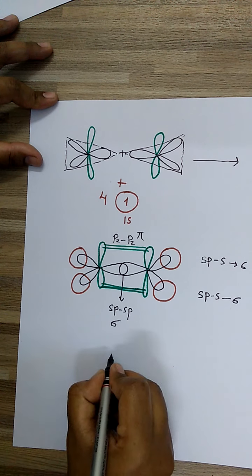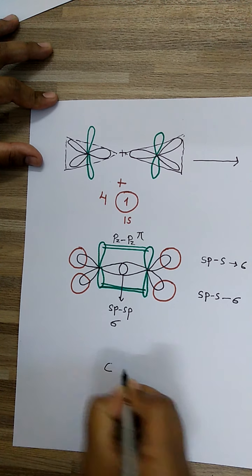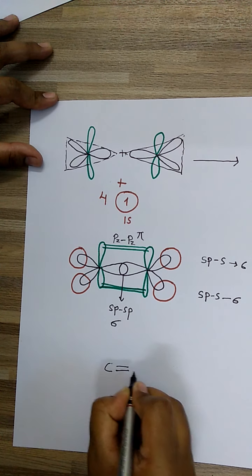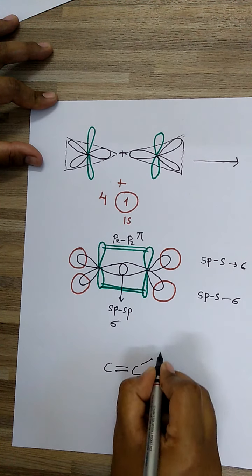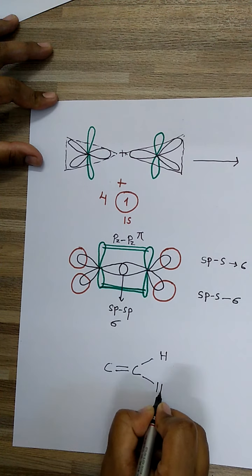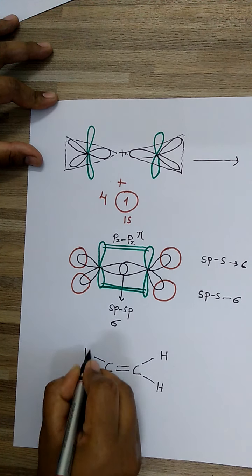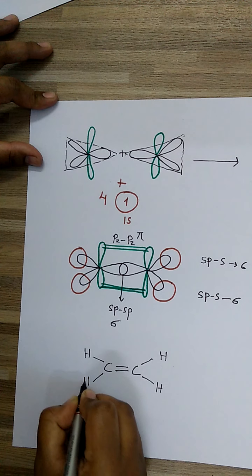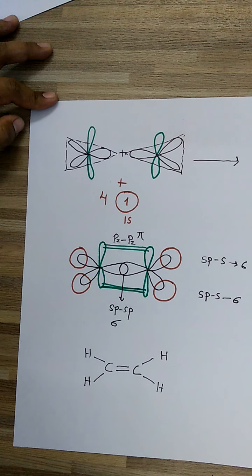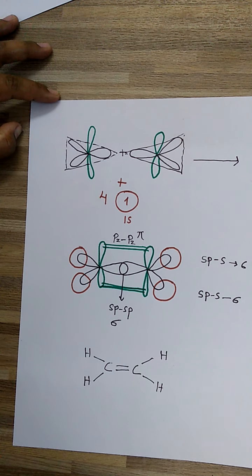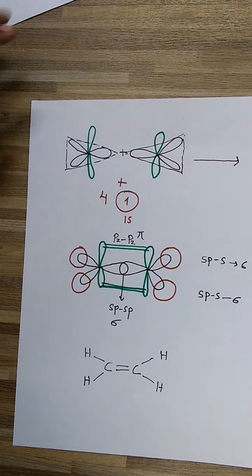So we know that in the case of ethene we have a double bond between the carbon atoms, and each carbon is making 2 other bonds with 2 hydrogen atoms like this. So this is how you can explain the geometry as well as the nature of bonding between the atoms in the case of ethene. I hope you all have understood it.